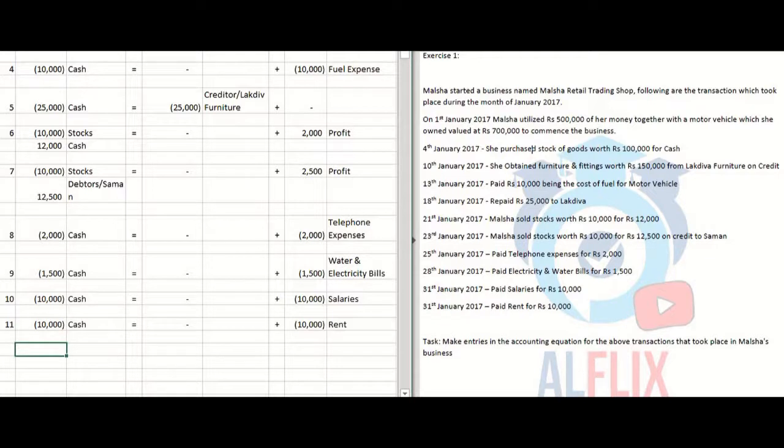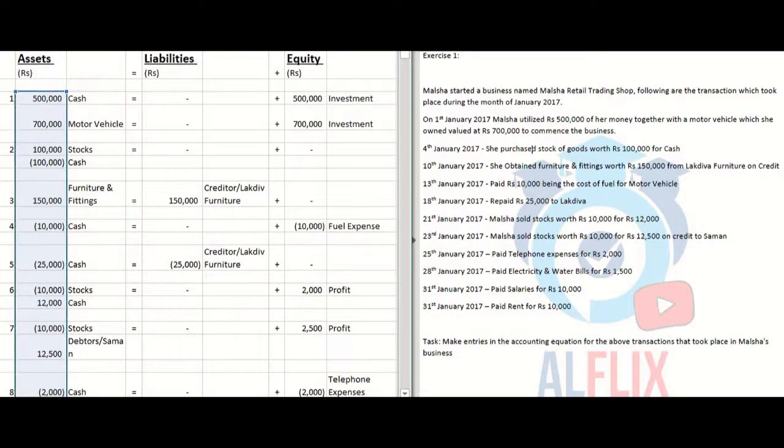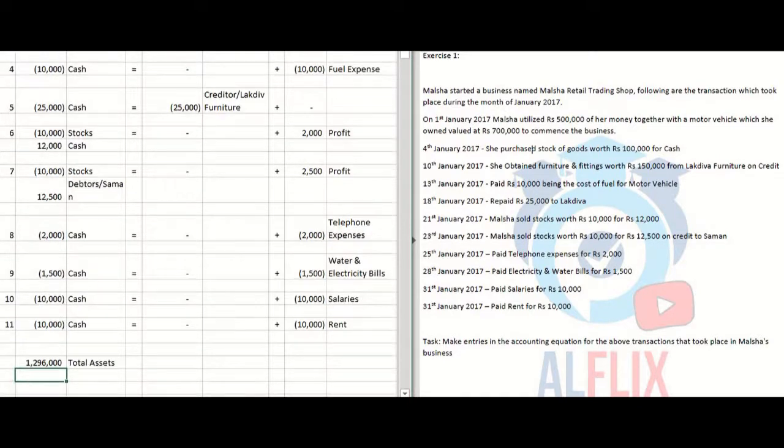So we have entered all the transactions into the accounting equation. So let's see whether the transactions have been applied to the equation correctly. For this we need to total the assets. The total assets would be 1,296,000.